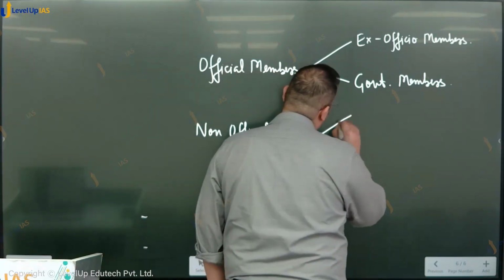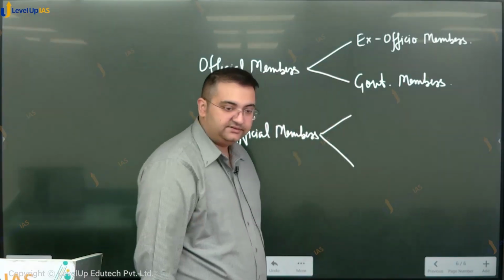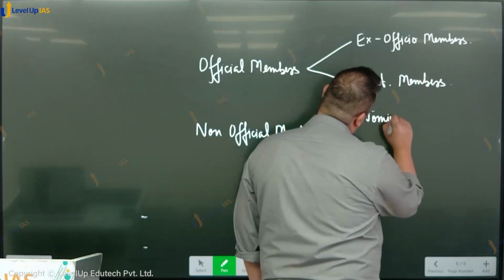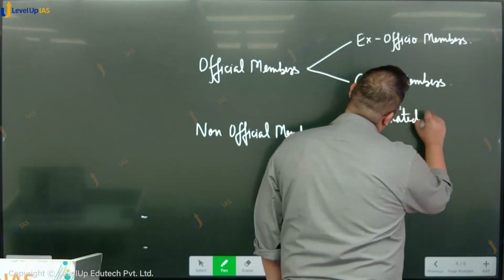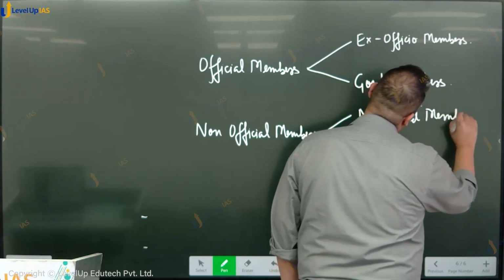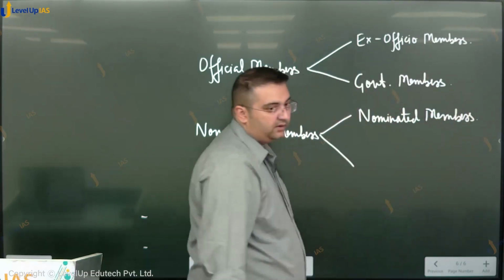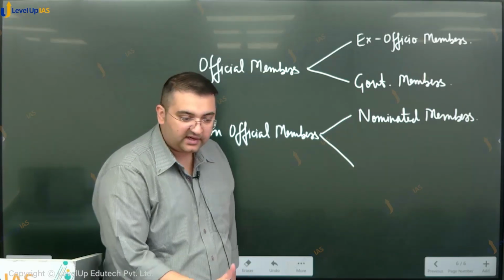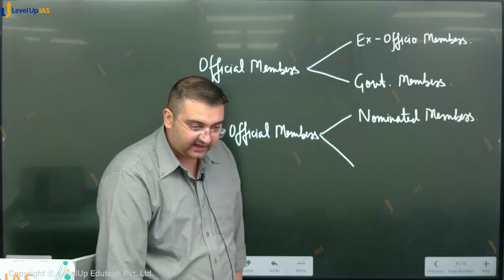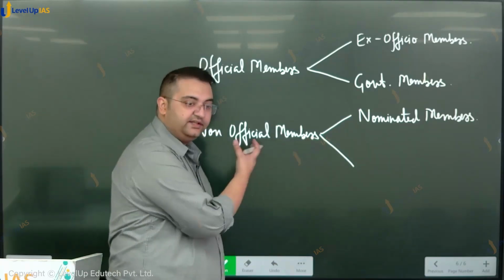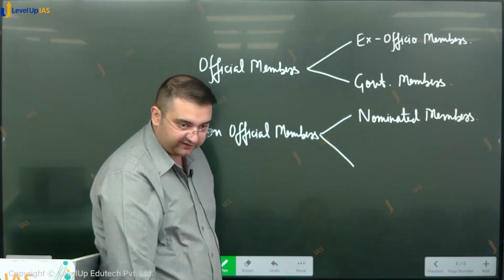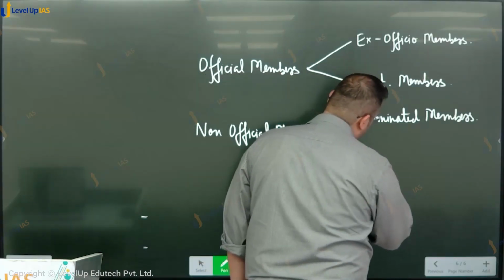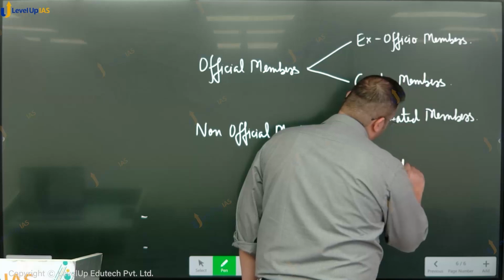Non-official members again had two subcategories: nominated members were private individuals including both Indians as well as British citizens residing in India who could be nominated to these councils by the British government. Understood this much? And the second were elected members.